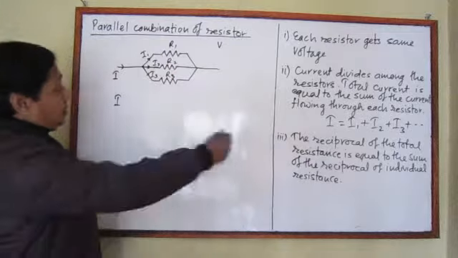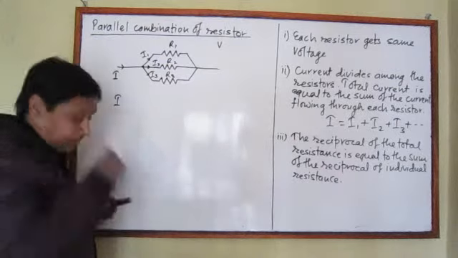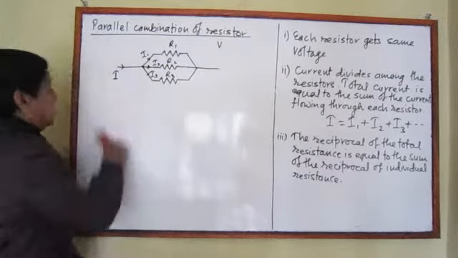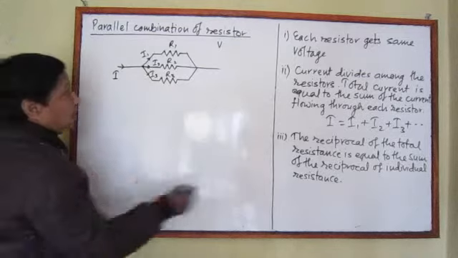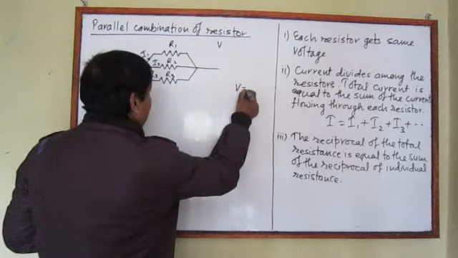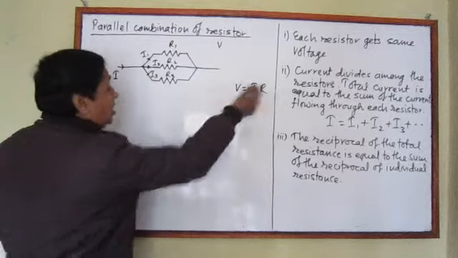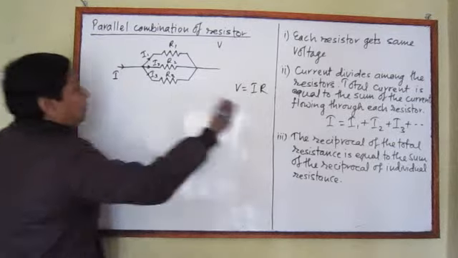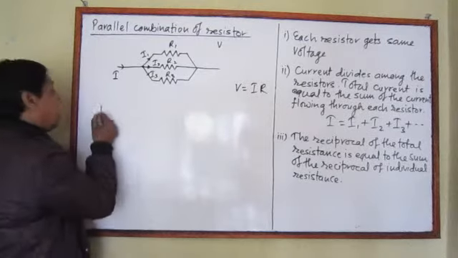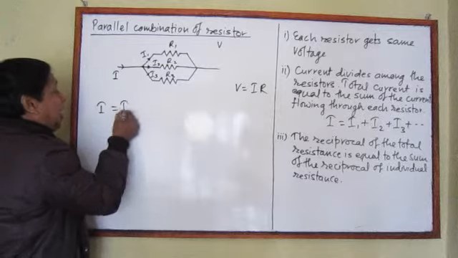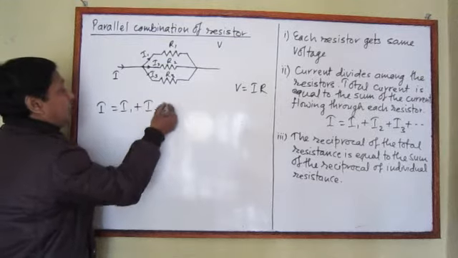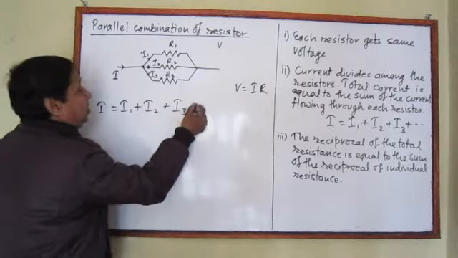Now let's talk about the third point. Before this I want to tell you something else. We know that V equals IR according to Ohm's law: potential difference equals current times resistance. And in this combination, as I told you just now, I equals I1 plus I2 plus I3, and so on if there are other branches.